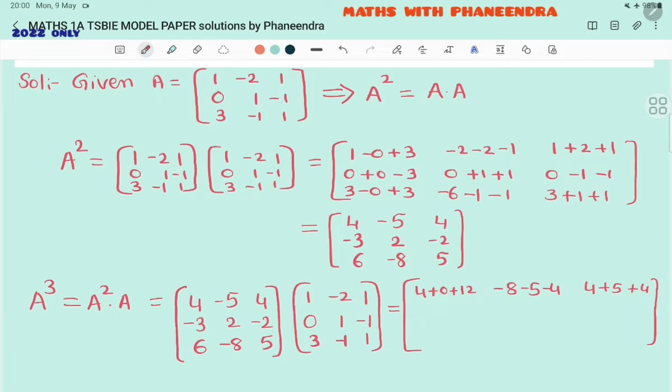Then -3 into 1, -3, 0, -6. -3 into -2 is 6, 2 into 1, -2 into -1 is plus 2. So next -3 into 1, 2 into -1, -2 into 1.